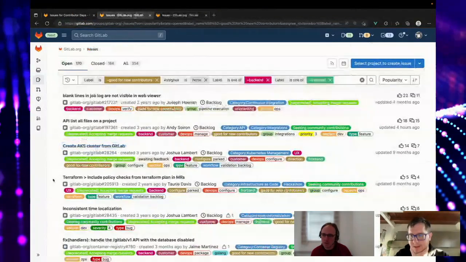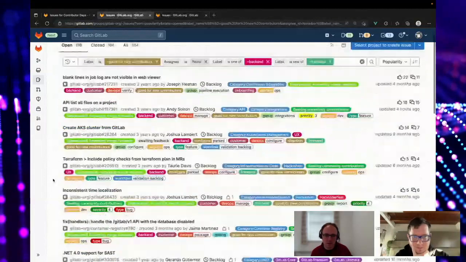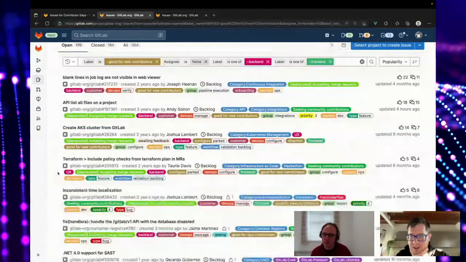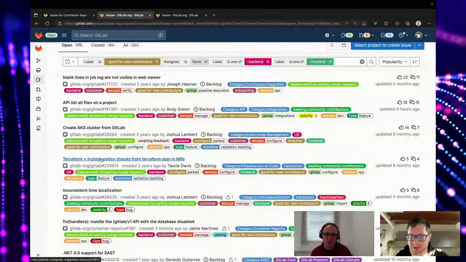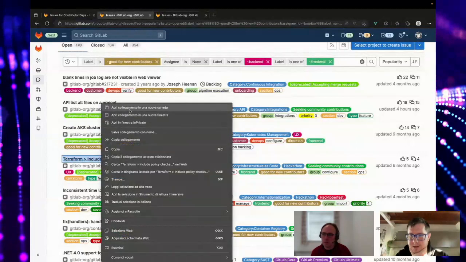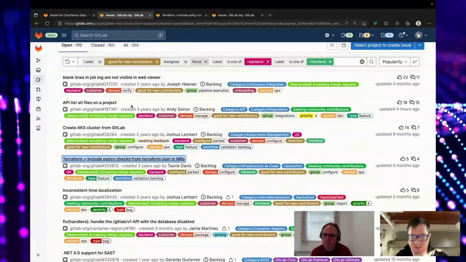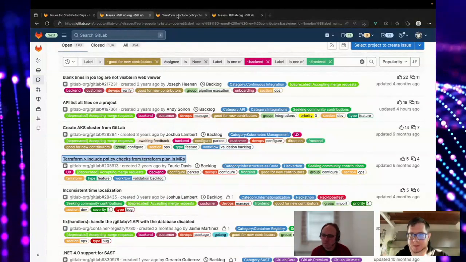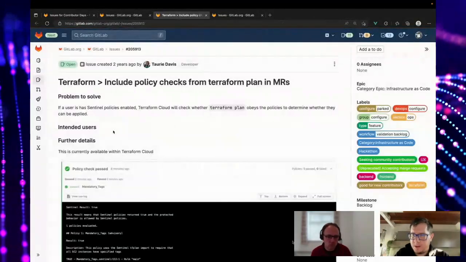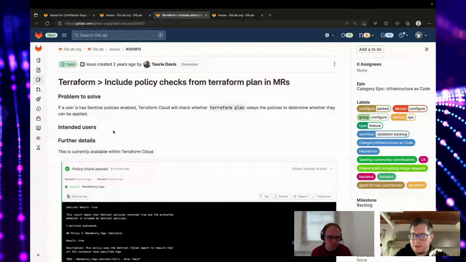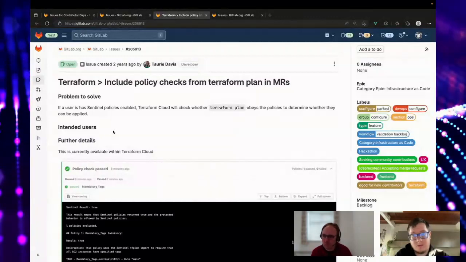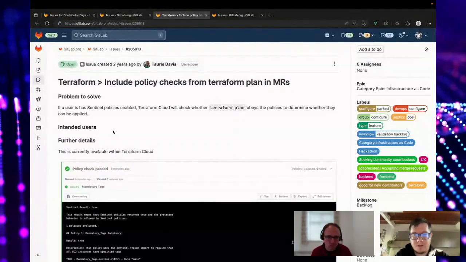Next one, Terraform. Oh, awesome. Terraform include policy checks with Terraform plan in MRs. And this is old because it's 2 years old. There are Sentinel policies. I don't know what that is.